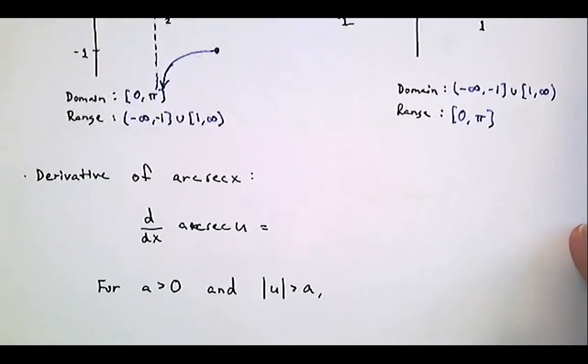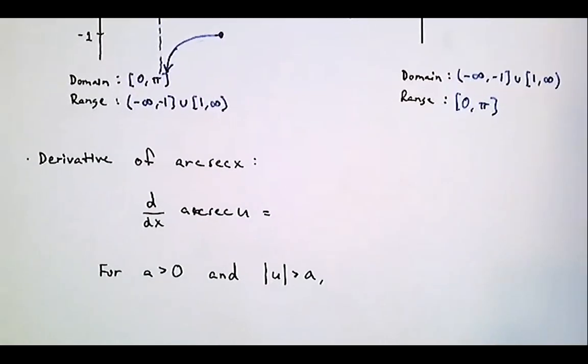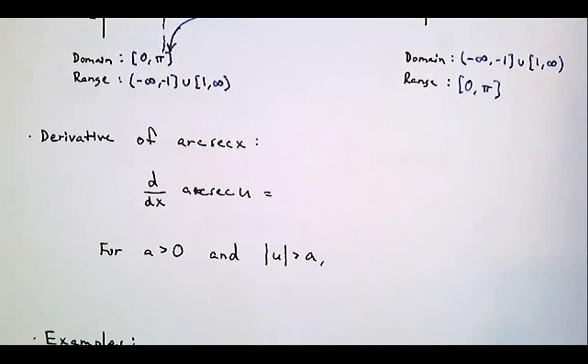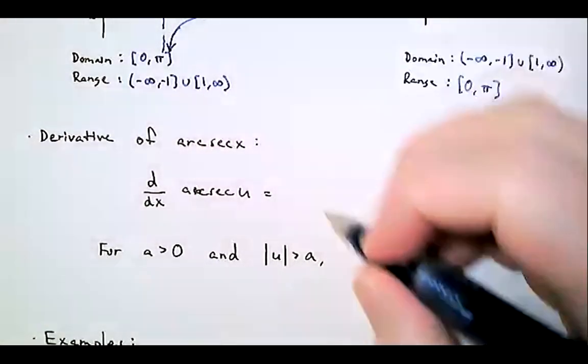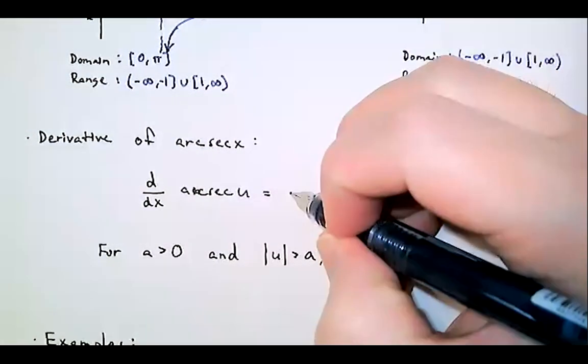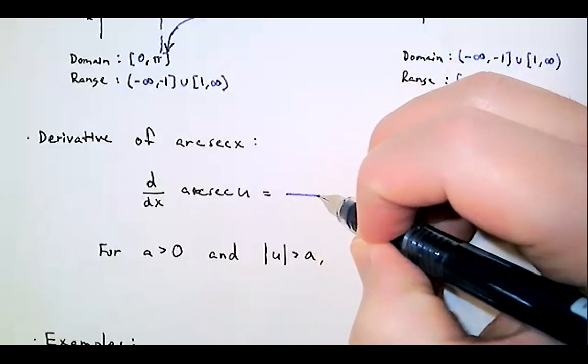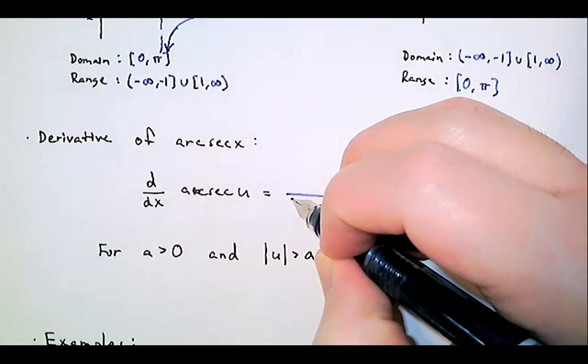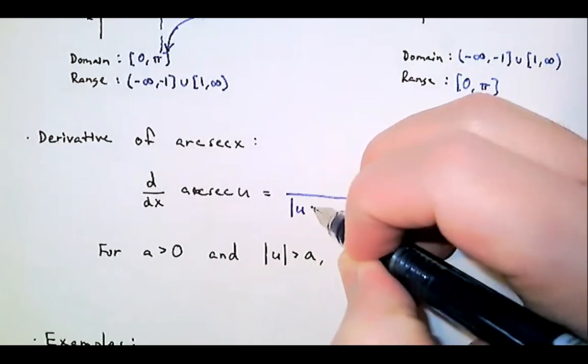And instead of working through the details like we did for sine and tangent, I'm just going to tell you what the derivative is. It looks a little bit like the derivatives for sine and cosine, or arcsine and arccosine, but there's this extra bit in the front.